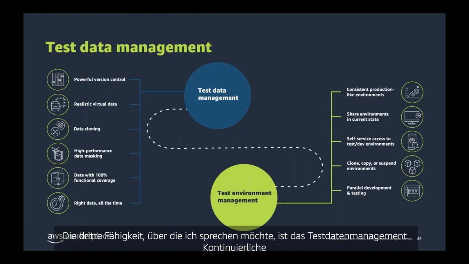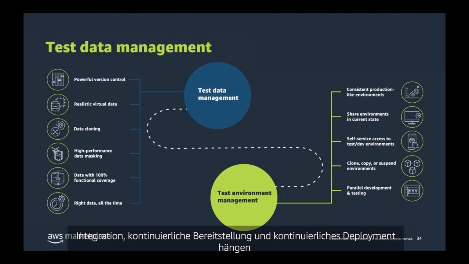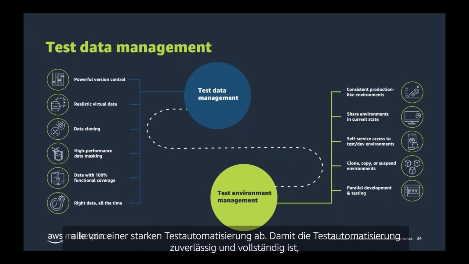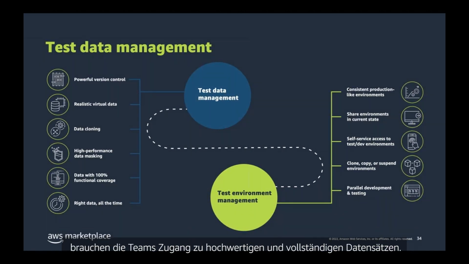The third capability I want to talk about is test data management. Continuous integration, continuous delivery, and continuous deployment all depend on strong test automation. And for the test automation to be reliable and complete, teams need access to quality and complete data sets. Happy path testing is straightforward and often doesn't require extensive amounts of data.